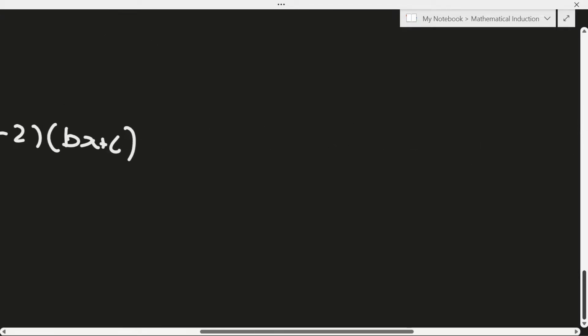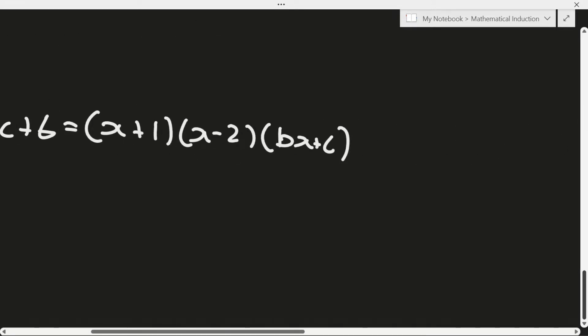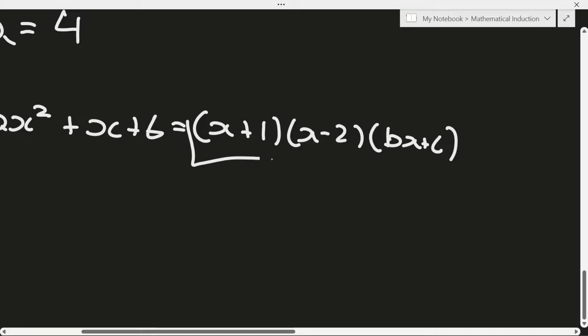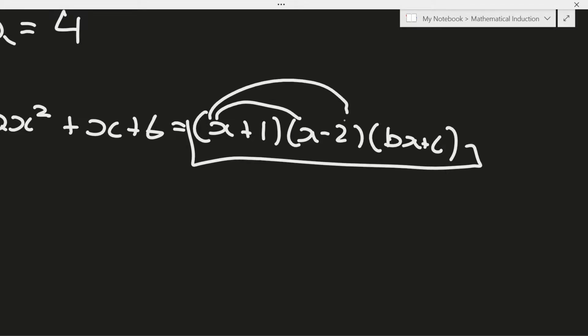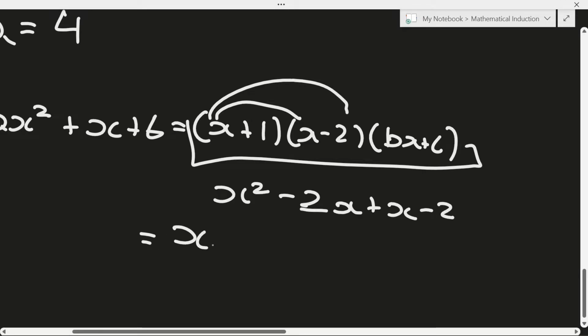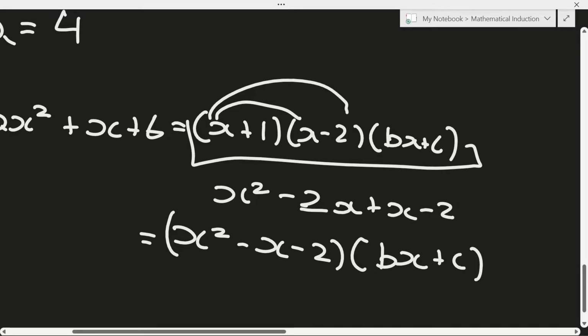So we'll take the right hand side here and we'll expand it by just multiplying what's in the brackets by what's outside the brackets, which will leave us with x squared minus 2x plus x minus 2, which will equal x squared minus x minus 2. And this still has to be multiplied by bx plus c.